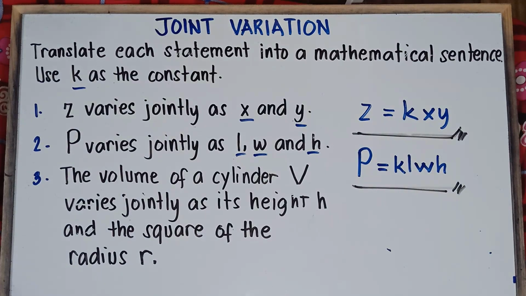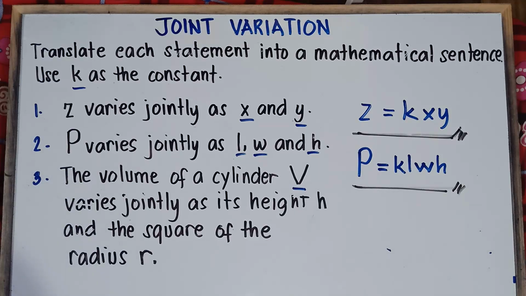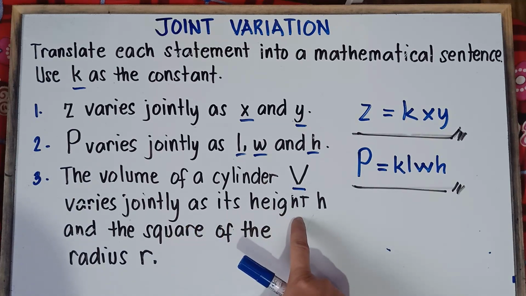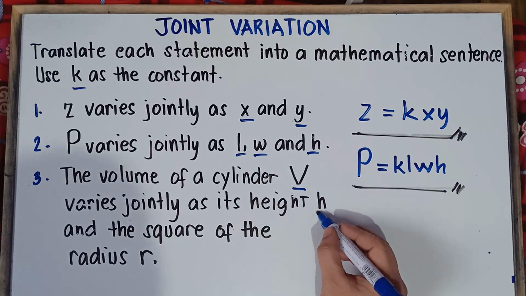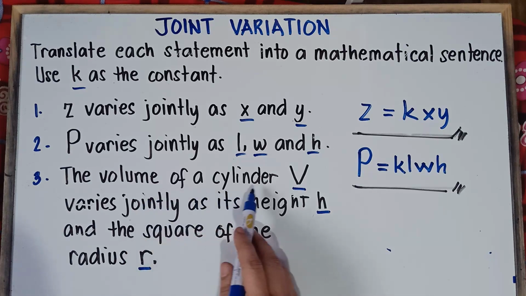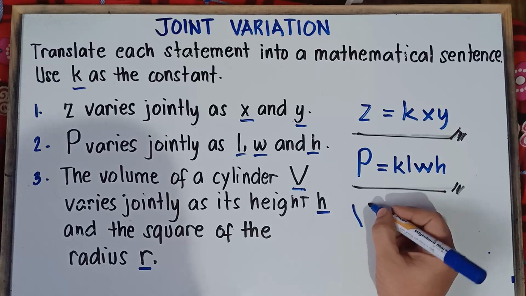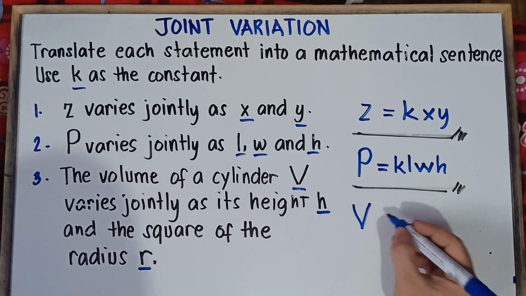Alright, so let's have example number 3. The volume of a cylinder, denoted by capital V for the volume, varies jointly as its height, denoted by small h, and the square of the radius, denoted by small r. So once again, capital V for the volume, so copy capital V, varies, so equal sign.